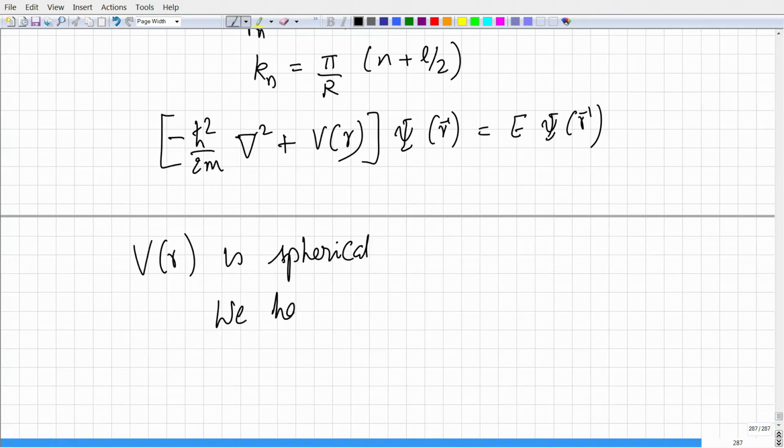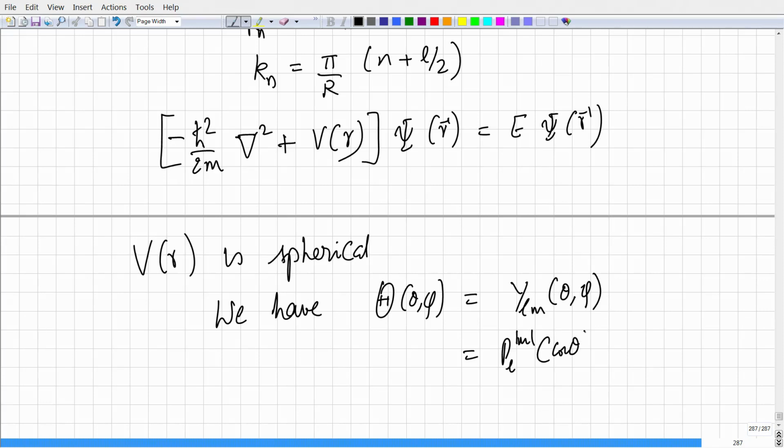The angular part Y_lm(theta, phi) is just P_lm(cosine theta) e to the i m phi as before.